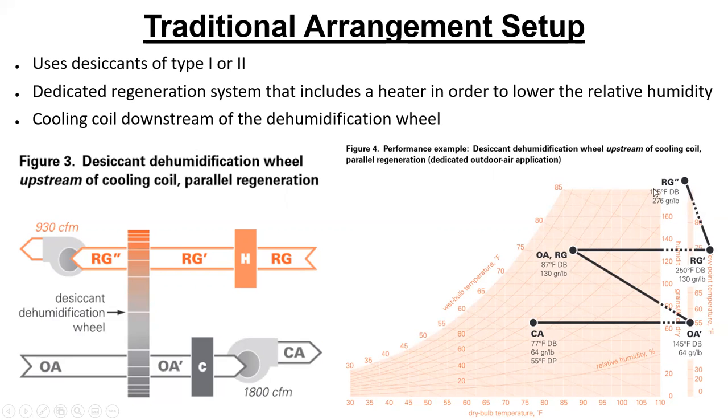It picks up, I'm sorry, I'm looking at the wrong number. 130, and what is that, 146 grains. It's picking up a bunch of moisture, because that's what it's doing. It's driving the moisture out of the desiccant in the wheel so then the wheel can move back around and that desiccant can grab some more moisture. So it's a never-ending process as long as you're running the equipment.